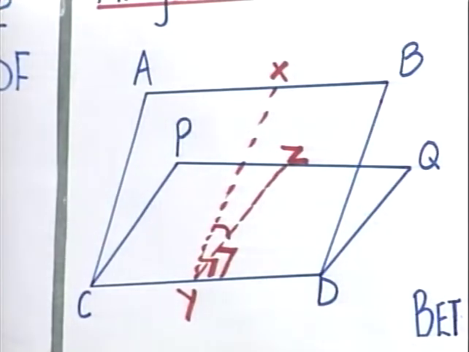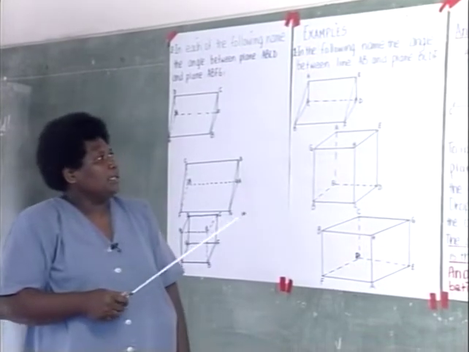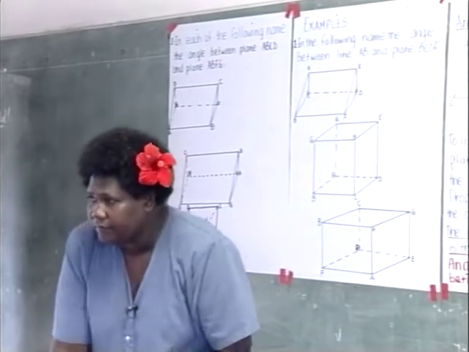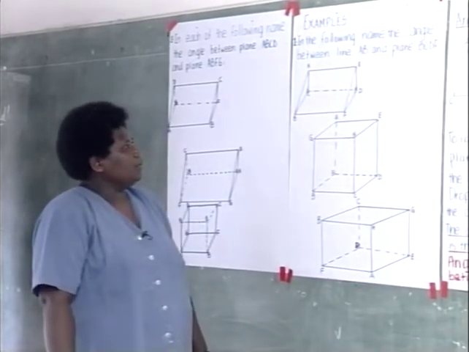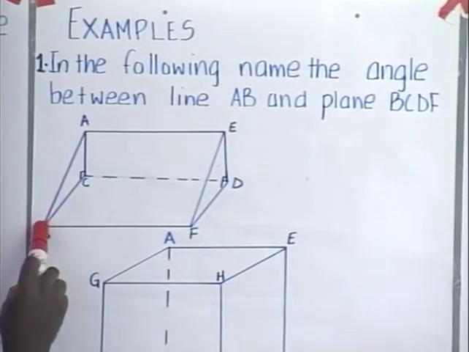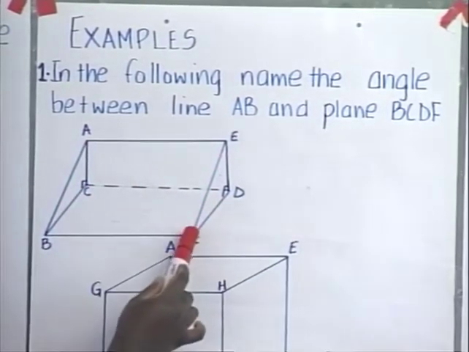Now we are going to look at some examples of just naming the angles. Okay, example 1 and example 2. In the following, name the angle between the line AB and the plane BCDF. Have a look at the first diagram that I've got on the board. The line is AB. The plane is BCDF.